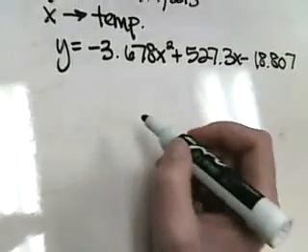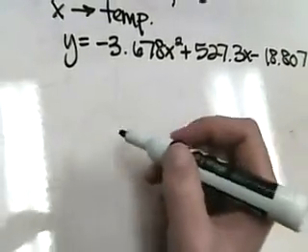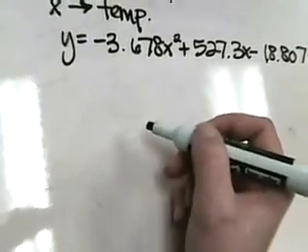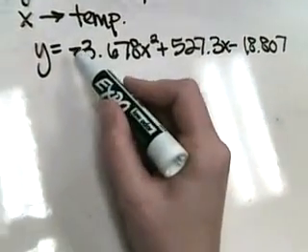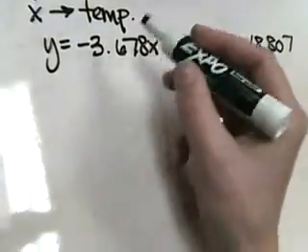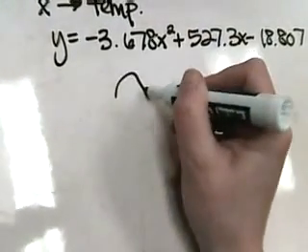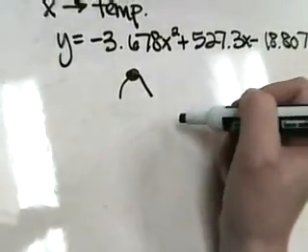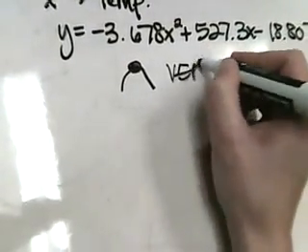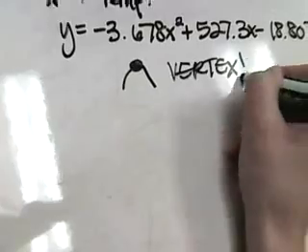As soon as you hear the word greatest, biggest, most, or maximum, that means it's the very highest point. Think about this parabola: as soon as you see it start with a negative, you know it opens down. So where would I find my very highest point? I'd find it right here, which we call the vertex.